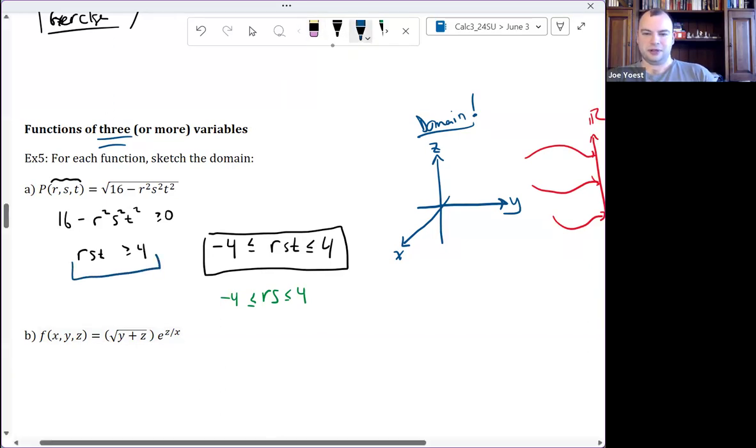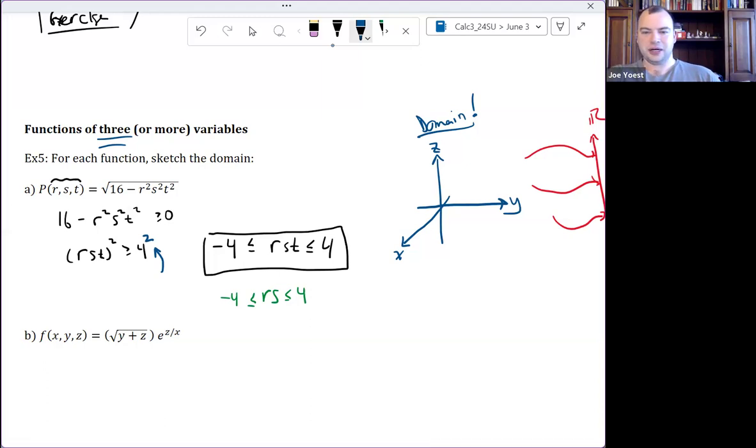Oh, I actually do need the squared there, and I need a squared here. Yeah, thank you for pointing that out, though. It's RST squared bigger than or equal to 4 squared. And then when we square root both sides, obviously we take plus or minus. That's where we get RST between -4 and +4. I needed this squared on the 4 still at that point.